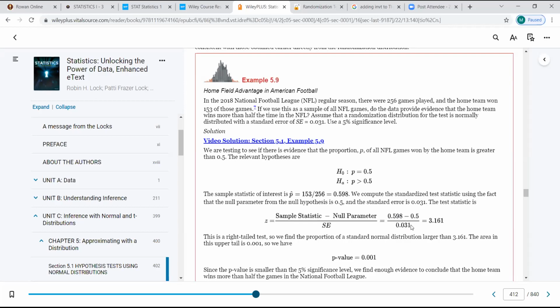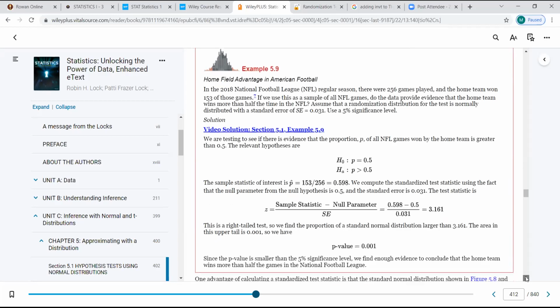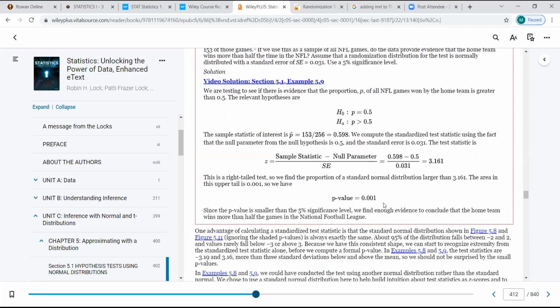If you go into StatKey and run about 1,000 randomization samples, that's what the book came up with as the standard error for all those samples. Notice the test statistic is 3.161. Then we calculate using the normal CDF, and since this is a right-tailed test, we came up with a p-value which is really small. So again, this supports the idea that the home teams win more than half their games.